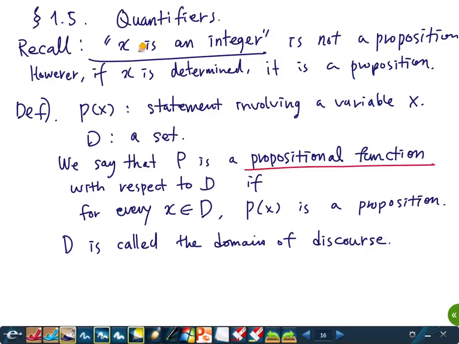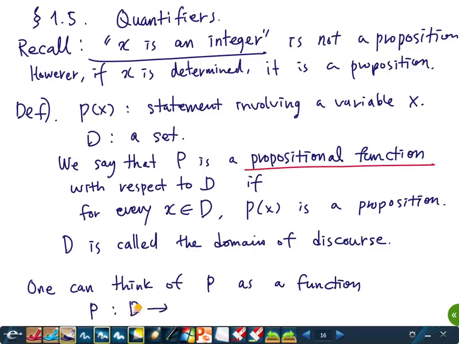If you give x, like x equals 3, it will be a proposition. 3 is an integer, just like that. So one can think of this P as a function, a function from the domain to true or false.